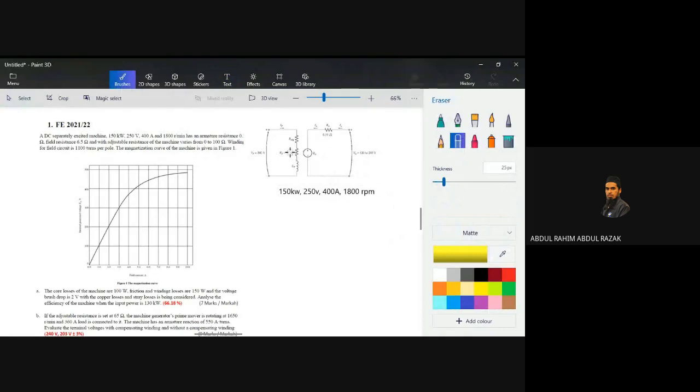It is a generator or a motor. The question states machine, but is it a generator or motor? You have to confirm upfront, because it involves the flow of your current.